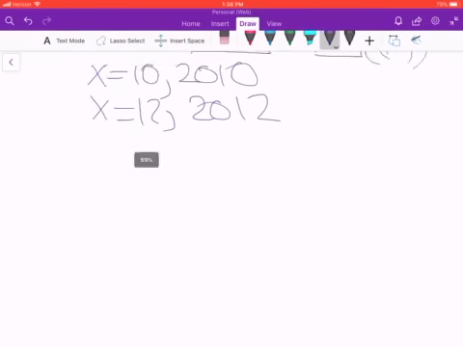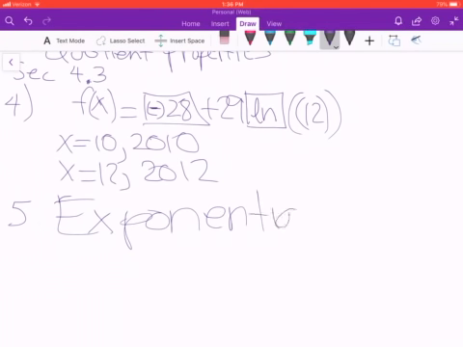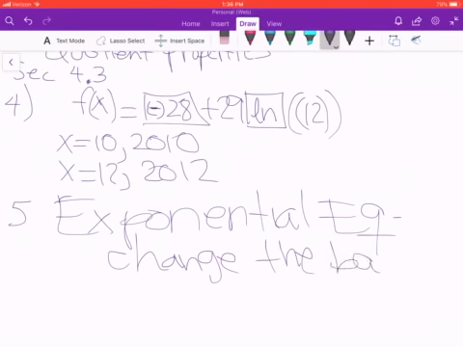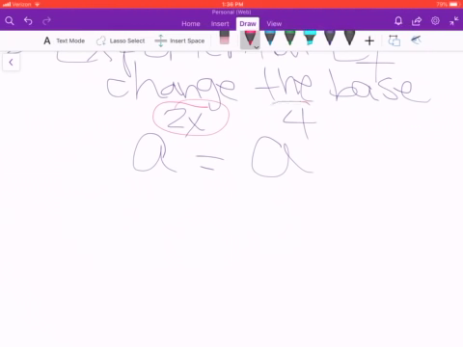We also have, I believe from 4.4 or 4.3, a problem where you need to know how to solve an exponential equation. Specifically, you have to rewrite by changing the base so that you can use the property that if two expressions have the same base raised to different exponents, then the exponents are equal.